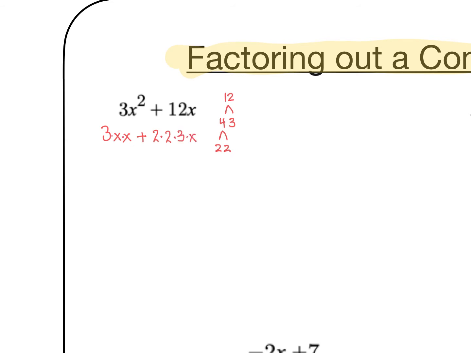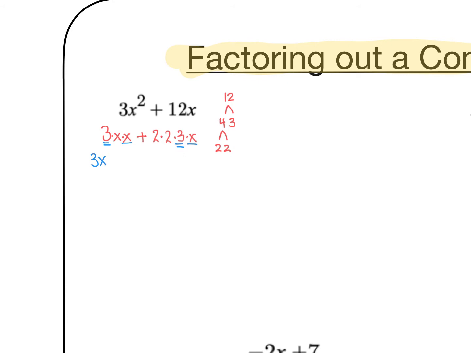And really these are all being multiplied by one another. Then we look at this and ask, what do each one of these have in common? This one has an x and this one has an x, so I can take an x out of each one of those. I also have a 3 in common with each one, and I can take that out.